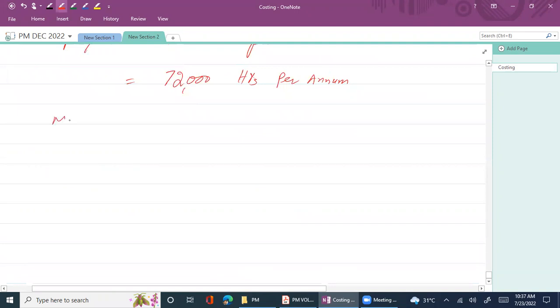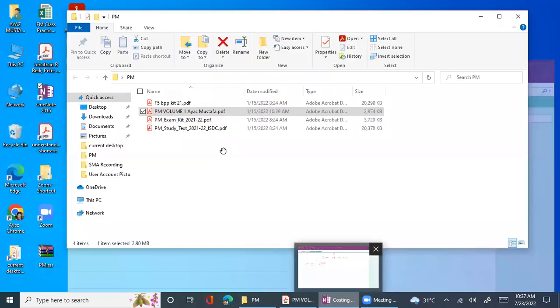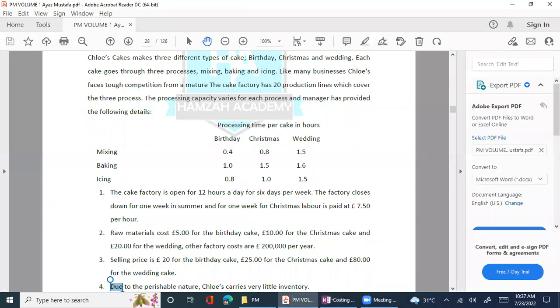The first department is mixing, and I divide 72,000 by the time of the first product, the birthday cake, which takes 0.4 hours in mixing.